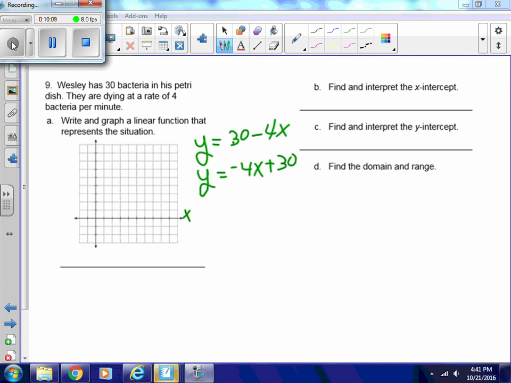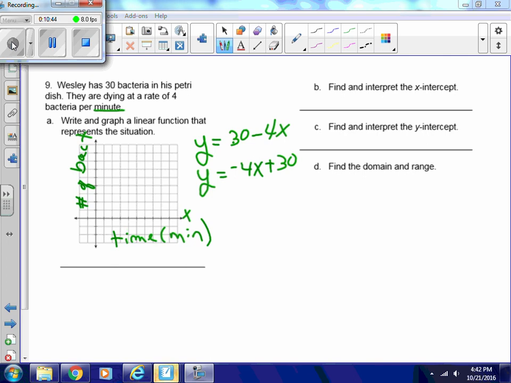Our x-axis is our number of bacteria. Be sure to label. Oh, I lied. Did you catch that? X-axis is not number of bacteria. X-axis is time in minutes. And our y-axis is our number of bacteria. Most of the time, you're going to choose time as your x-axis.